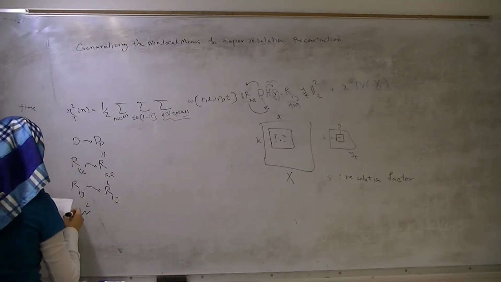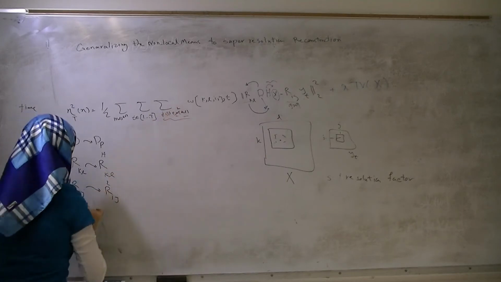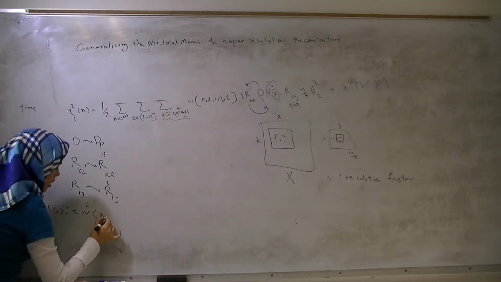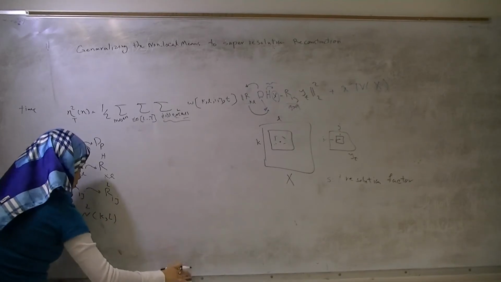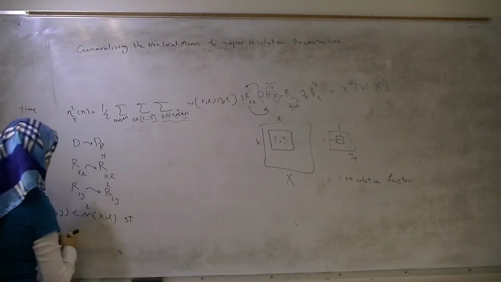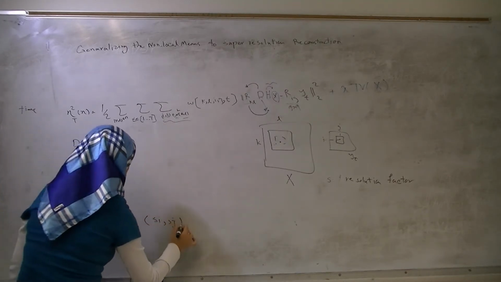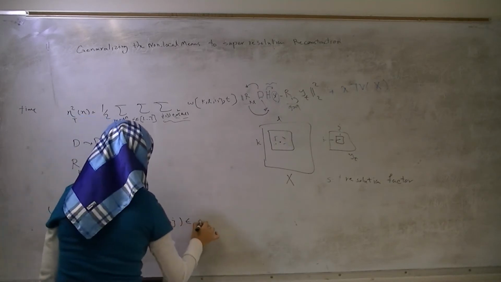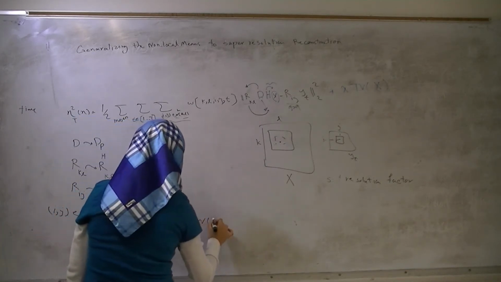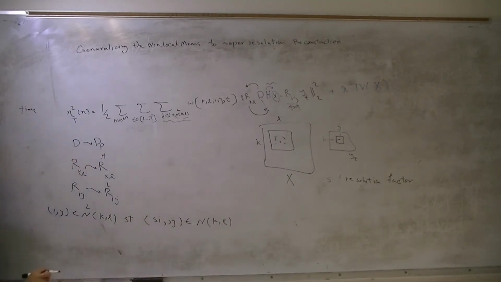Let's call that N. That means SI and SJ are in this neighborhood of the KL, our previous neighborhood.